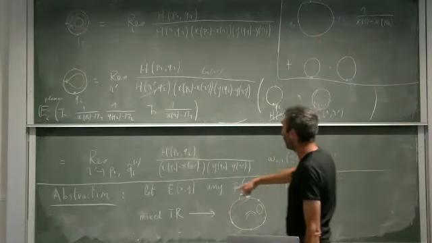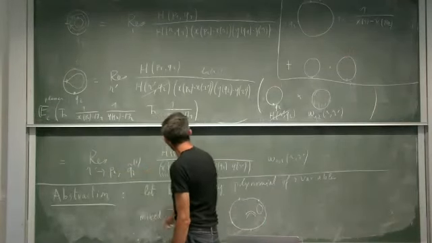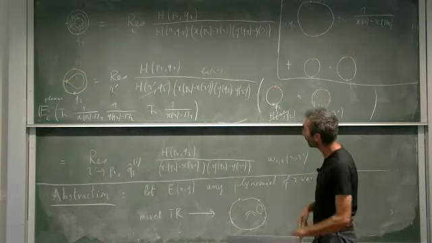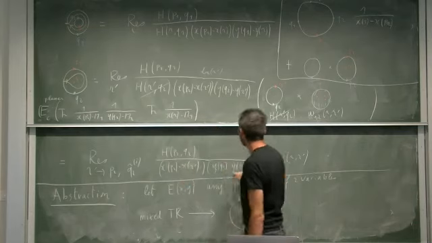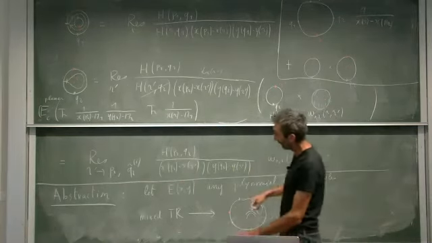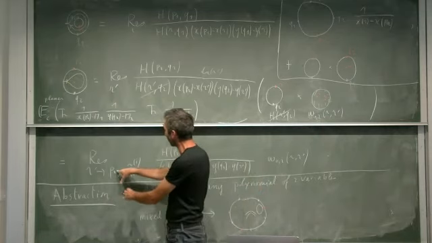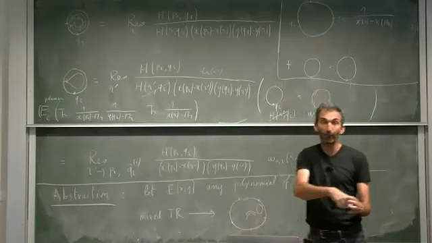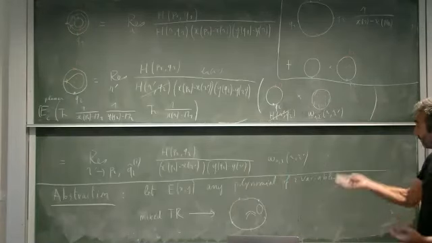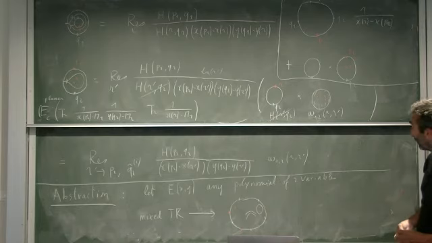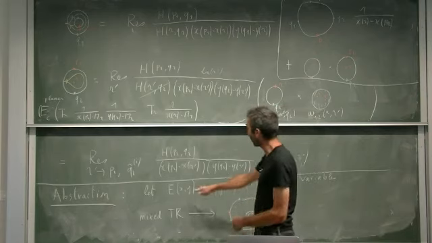So I said when you take this residue, you have to take residue at P2 and at the preimages of Q2. But what are the other poles? The other poles are the other preimages of P2 and Q2. So somehow when you move the integration contour from the circles around these points to the circles around the complementary set of poles, you get the recursion corresponding to the exchange of x and y.